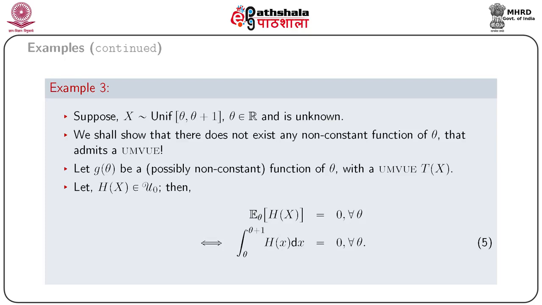We shall prove that there does not exist any non-constant function of theta which admits a UMVUE. To prove this, suppose g(theta) is any non-constant function of theta. Let h(x) be any unbiased estimator of 0.